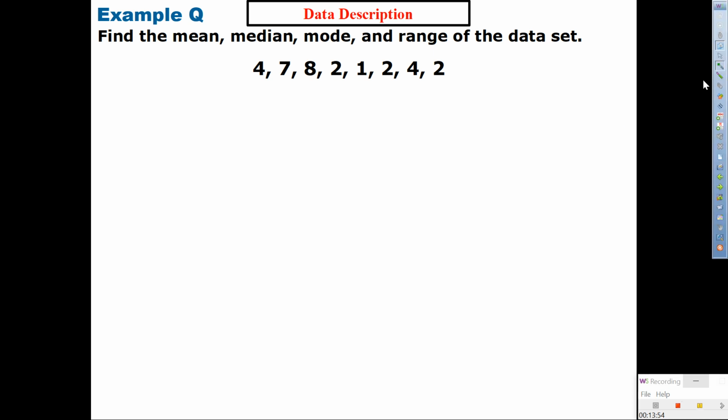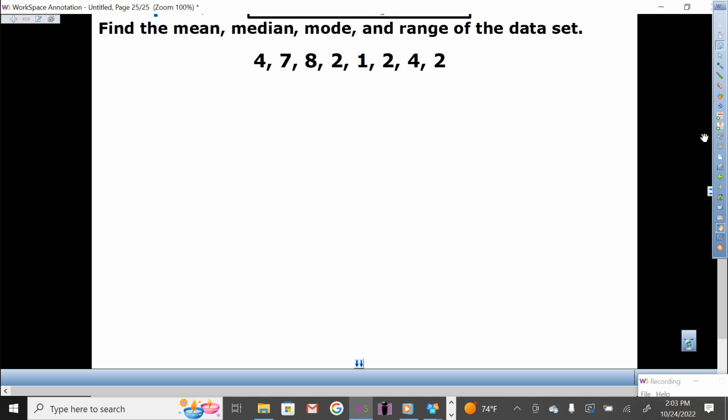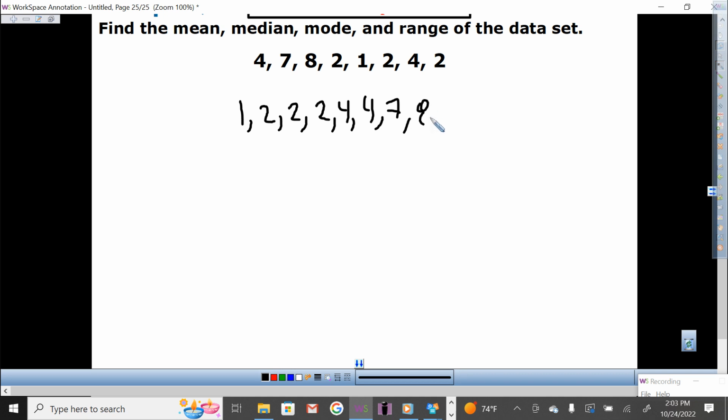As you're submitting your work, here goes the process. I'm going to do this one more time. So, organize it from least to greatest: 1, 2, 2, 2, 4, 4, 7, 8. Hands if you got that. Okay, good. 2, 4, 6, 8. Yes, all right.